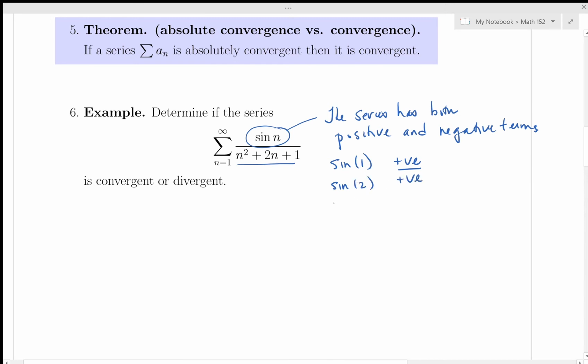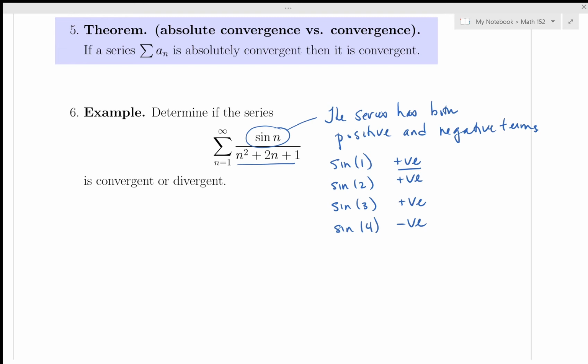Of course, we're working in radians. Sine of 3, positive. Sine of 4, negative. So the fourth term is negative, and the first three are positive. So it has positive and negative terms, but it is not alternating.